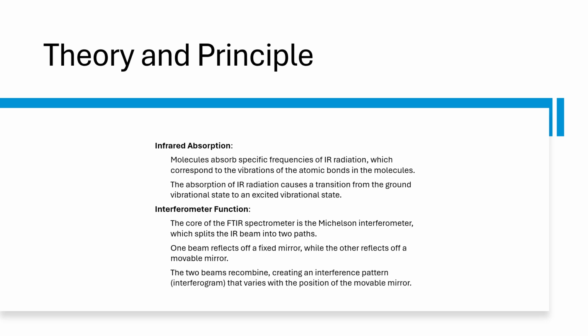There are different types of vibrations such as stretching, bending, twisting. Interferometer splits the IR beam into two optical paths, one to the fixed mirror and one to the moving mirror. After reflection from these two mirrors, the beams recombine and create the interferogram by the detector.